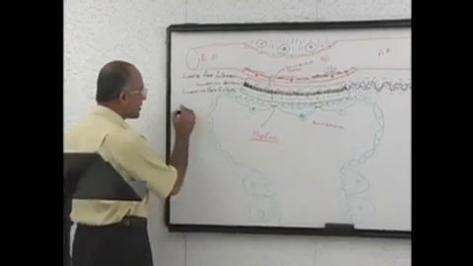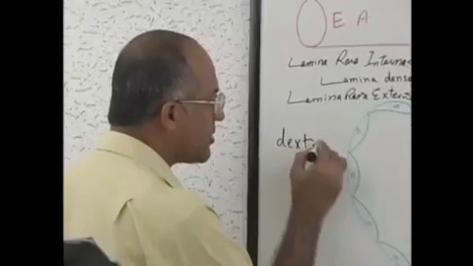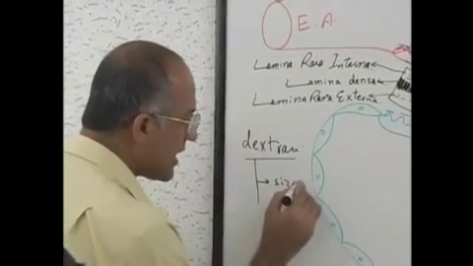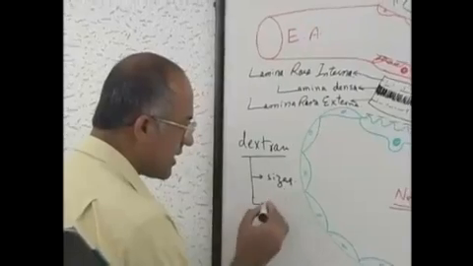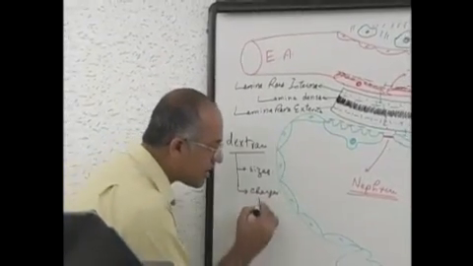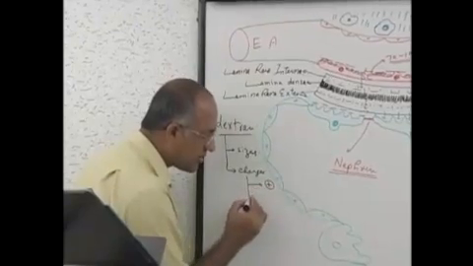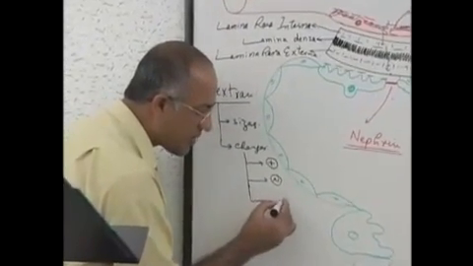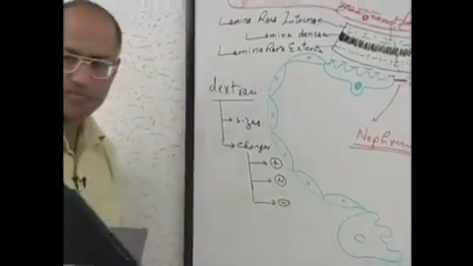Dextran molecules can be synthesized with different sizes and with different charges. They have synthesized the dextran molecule with positive charges, with neutral charges, of course no charges, and with negative charges.